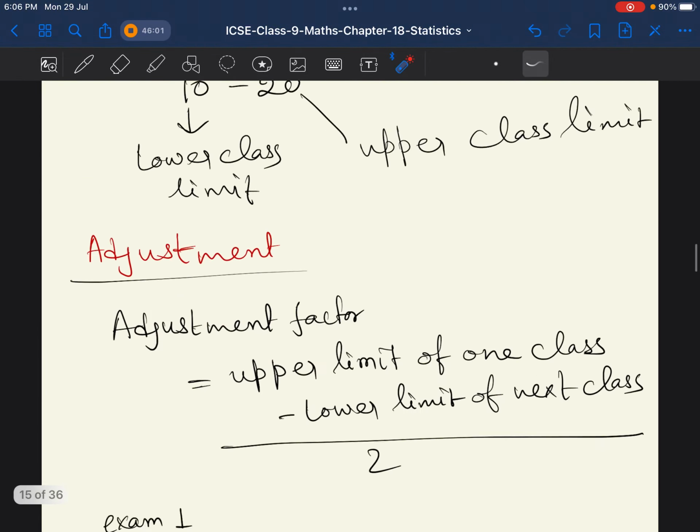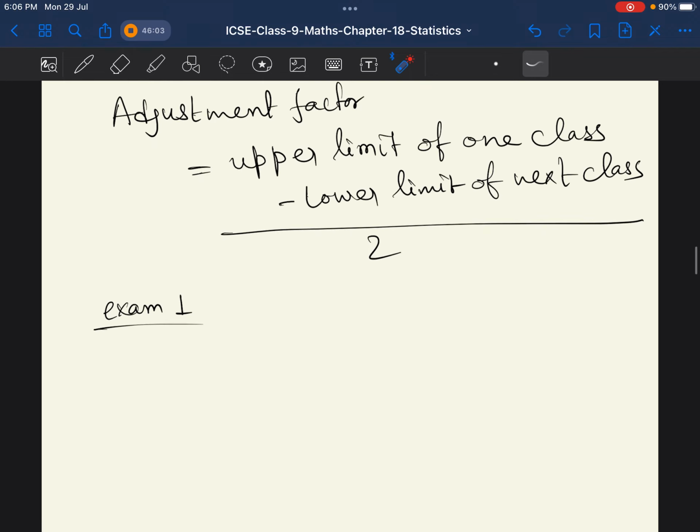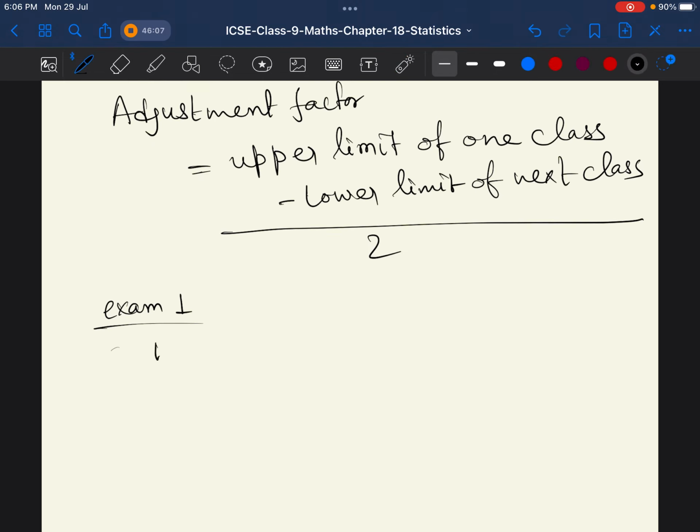The first interval is 1 to 10, and the next class interval is 11 to 20. So the adjustment factor is the difference between the lower limit of the next class and the upper limit of one class.